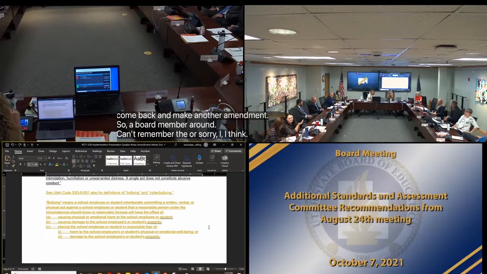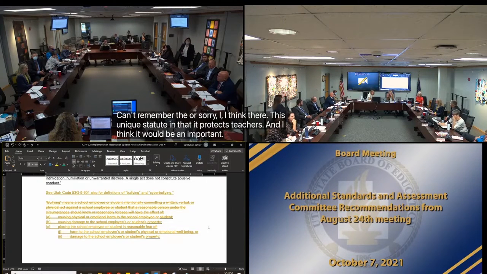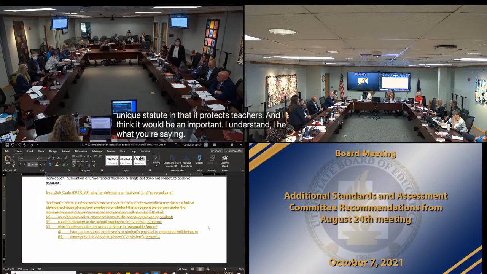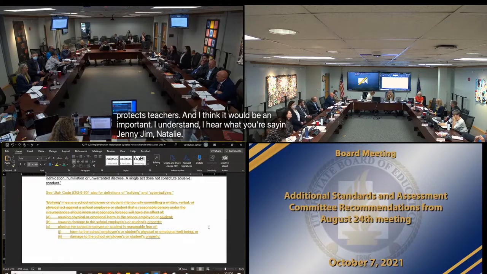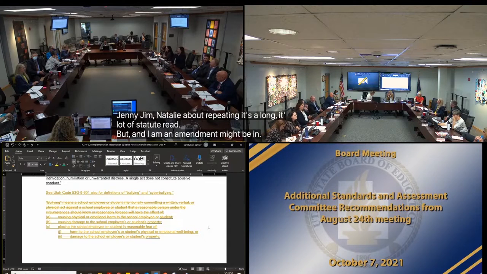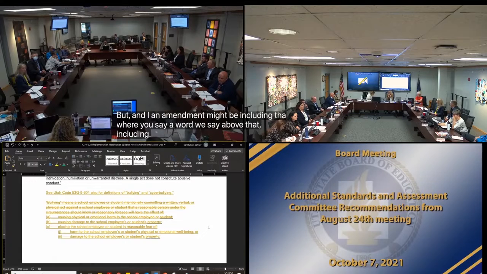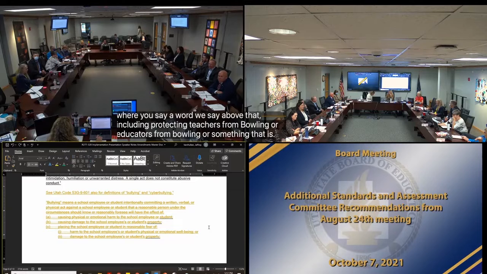I think this is a unique statute in that it protects teachers. And I think it would be important. I understand, I hear what you're saying, Jenny, Jim, Natalie, about repeating. It's a lot of statute to read. But an amendment might be including, where we say above that, including protecting teachers from bullying, or educators from bullying, or something to that effect.